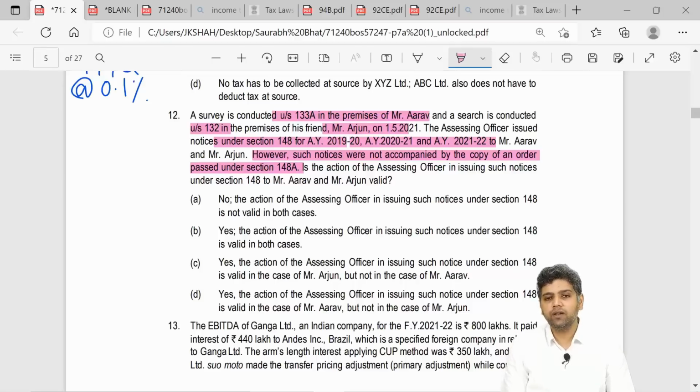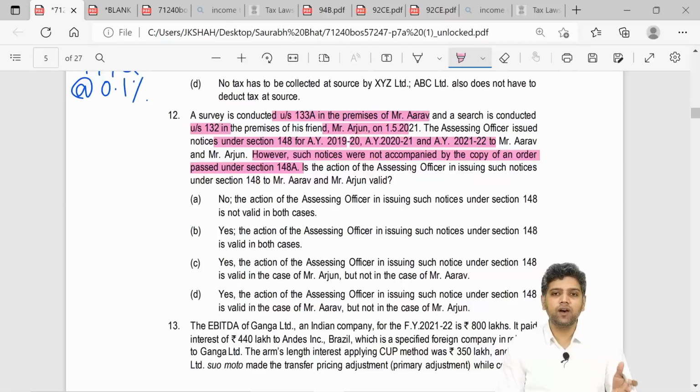Now please remember, the provisions of section 148A do not apply in case the proceedings are initiated because of a search carried out under section 132. Because the idea of 148A is to conduct an inquiry and find incriminating evidence, only post which reassessment under 148 should be conducted.